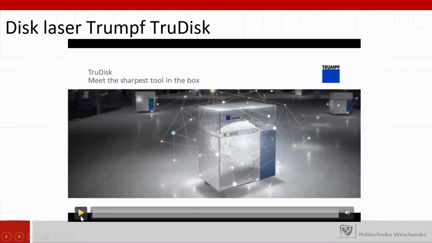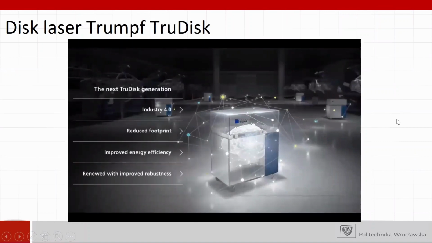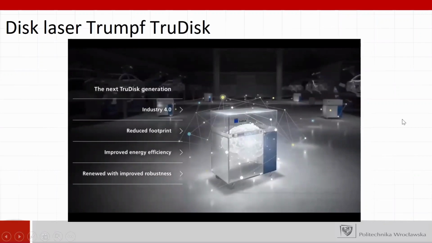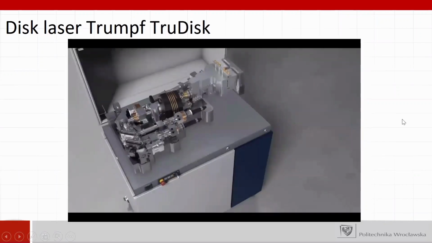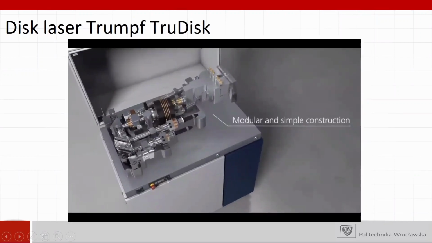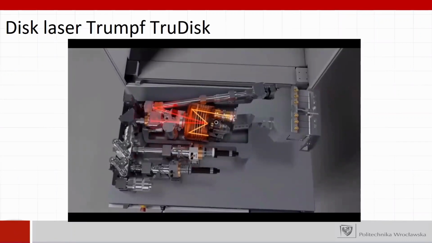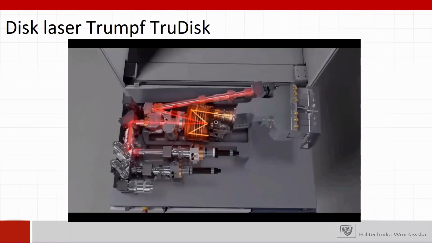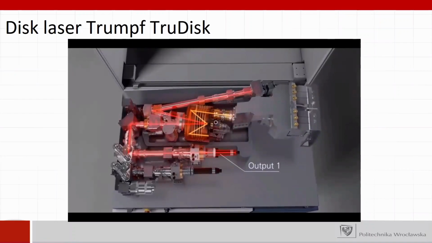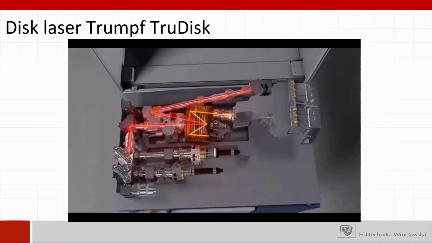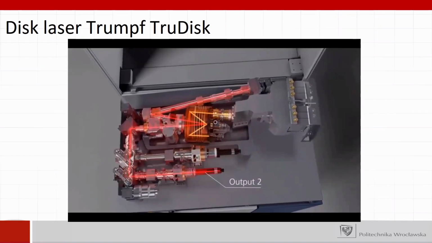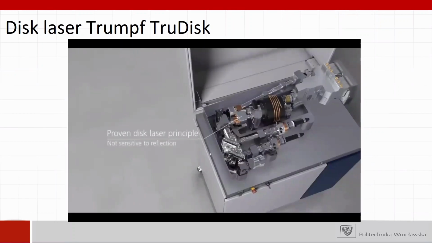And this is another movie that shows a product made by the company Trumpf, which is one of the biggest manufacturers of disk lasers, and you can see how compact the construction actually is. There is this disk inside, and of course the multipass pumping, and two different outputs from the laser.